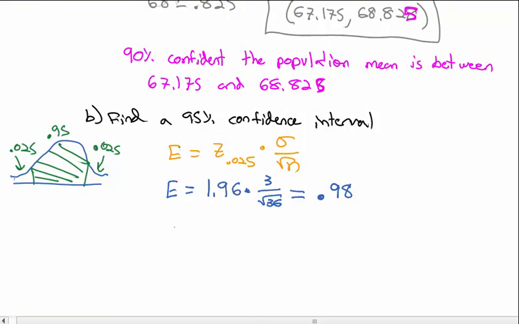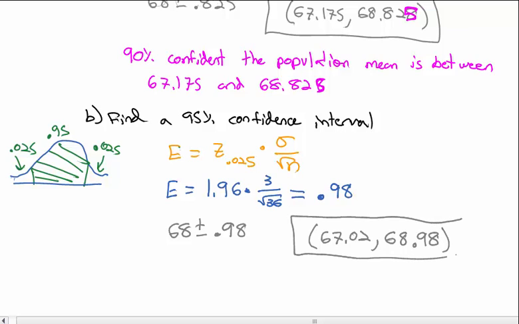So now we take the mean, which was 68, and we say plus or minus the error of 0.98. If we subtract 0.98, we get 67.02. If we add 0.98, we get 68.98. This is our confidence interval to be 95% confident. We want to be a little more confident, so we need a little bit bigger of a range to say, yeah, we're even more confident now about the true mean.